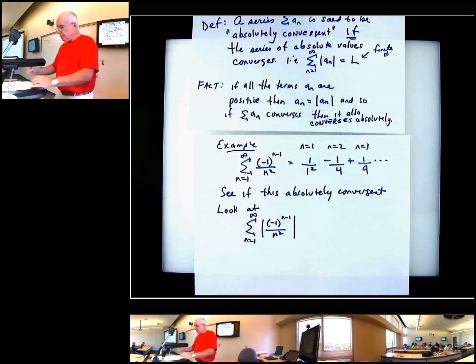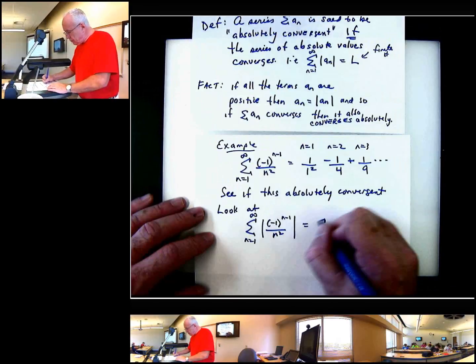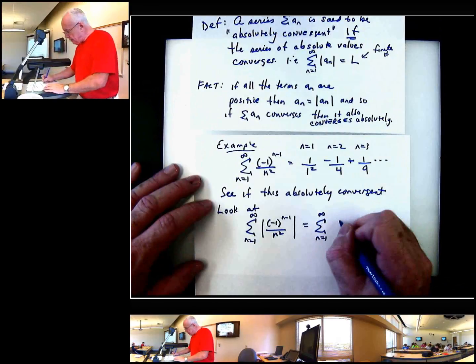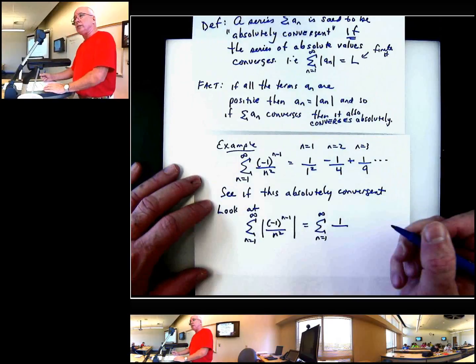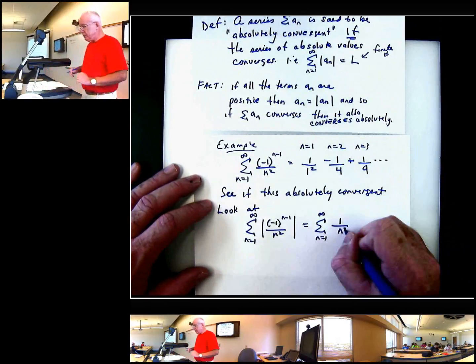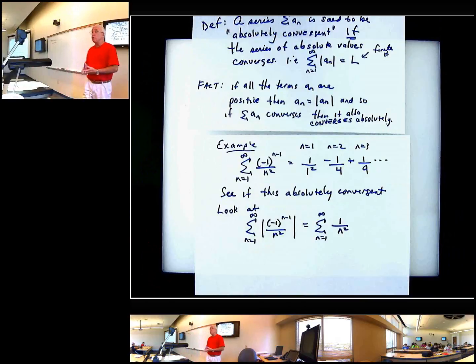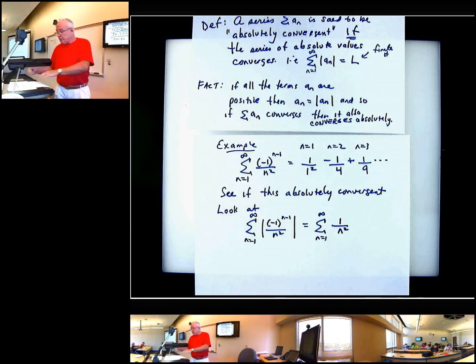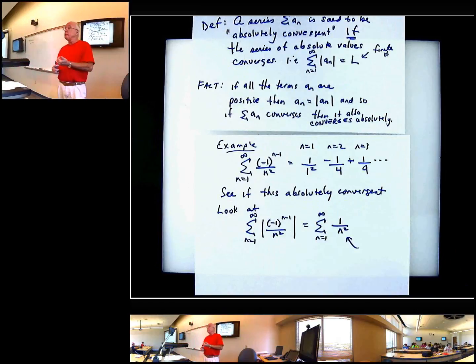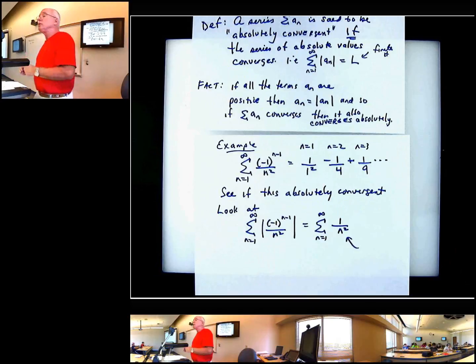But that's just equal to the summation, where everything is positive, so it's just a 1 on top, and n squared is always positive, so it's the summation of 1 over n squared when we do the absolute value. Now, first of all, what kind of series is it? It's a p-series. And does it converge or diverge?